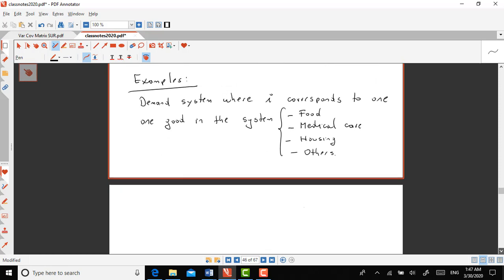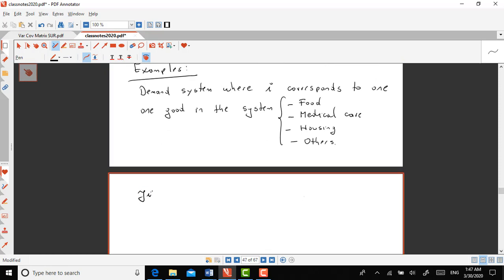In this example, usually in the theoretical model we have qi as the quantity demanded, but in demand systems, yi corresponds to expenditures or shares. So the yi's are the shares, or the proportion of income or total expenditures, on food, or expenditures in dollars.